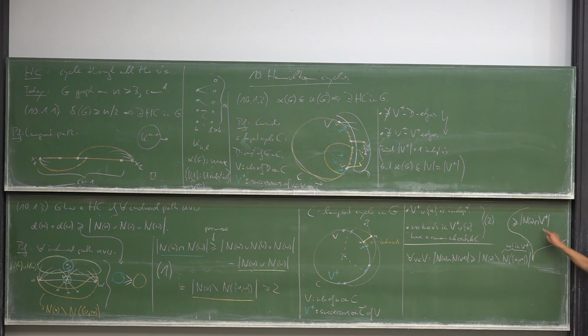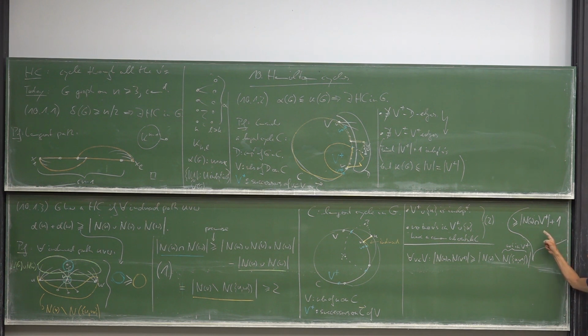So this set is certainly no bigger than that set. And in addition, we have the little u, which is a neighbor of v, but is not in this set, and not in this set either. So that's for the little u. Did you get that?